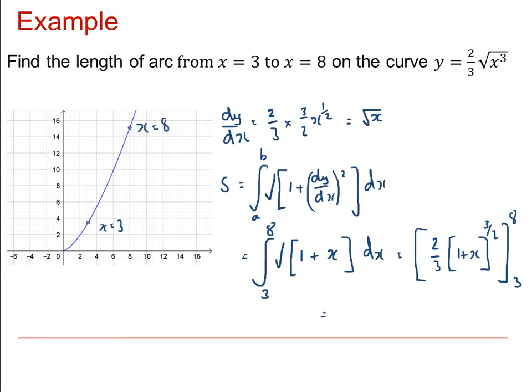So it's therefore equal to, putting the value 8 into there, 2/3 of 9 to the power 3 over 2, and then minus 2/3 of 4 to the power 3 over 2. And if you evaluate that, you find it's 38 over 3.